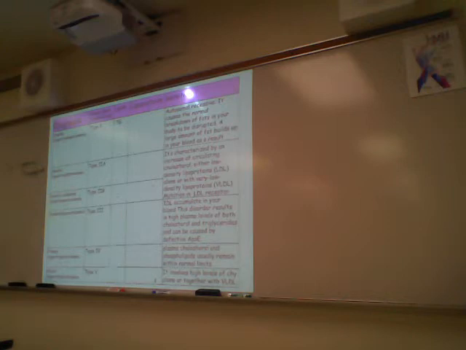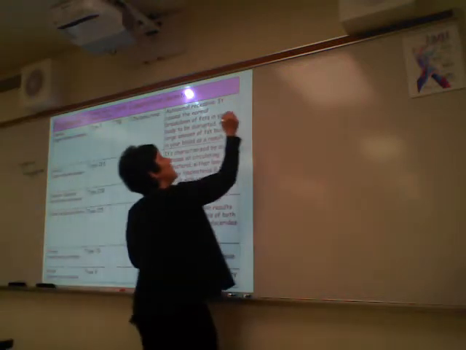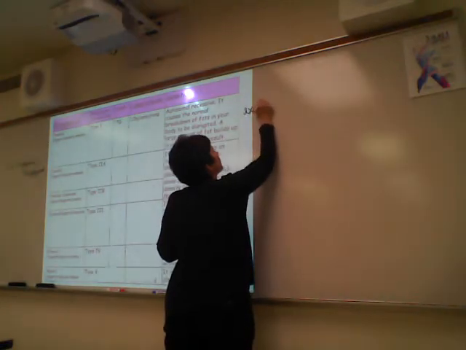If you can't control that, your cholesterol level will stay high, your triacylglycerol specifically will stay high. So high levels of chylomicrons will be a type 1. So this one would be an exogenous pathway.